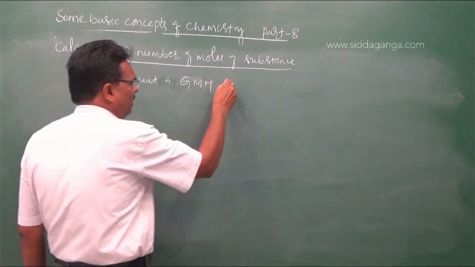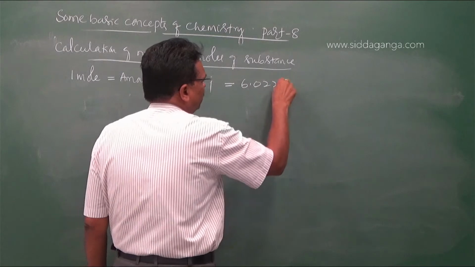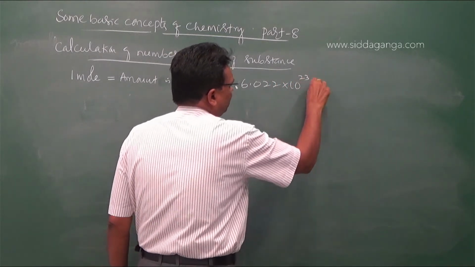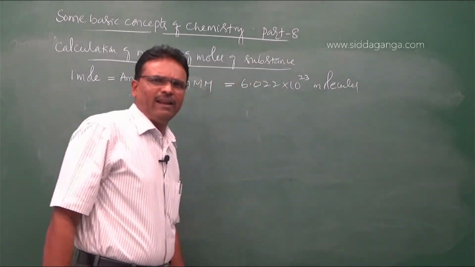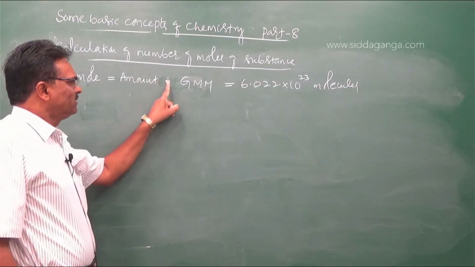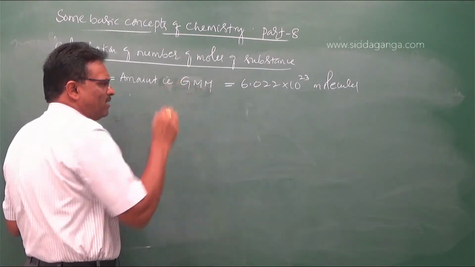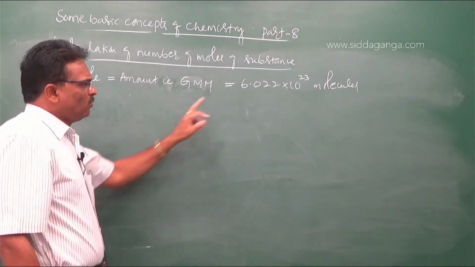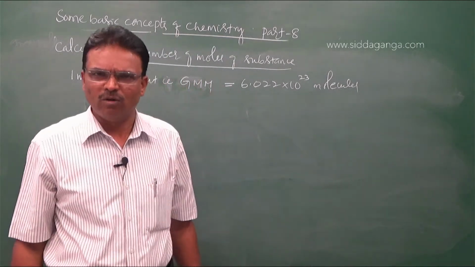This gram molecular mass of a substance contains 6.022 into 10 to the power of 23 molecules. Clear? So 1 mole is an amount, a gram molecular mass, which contains Avogadro number of molecules.